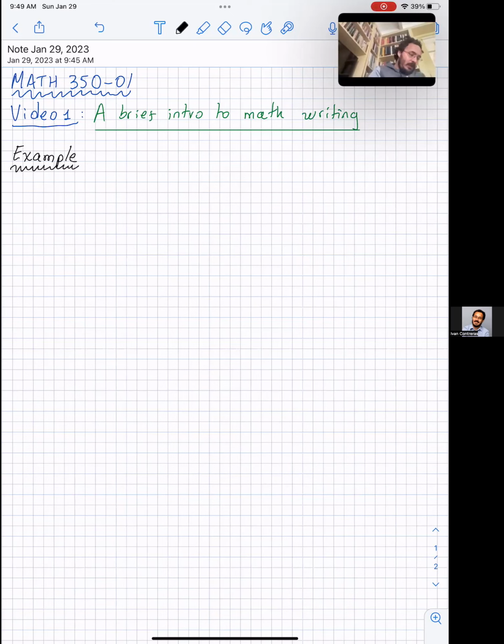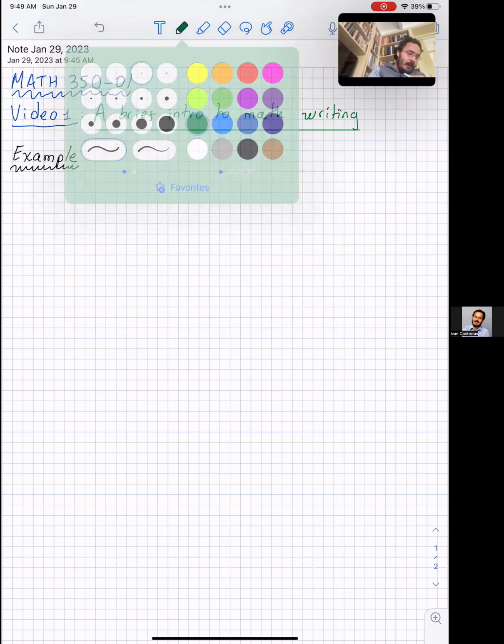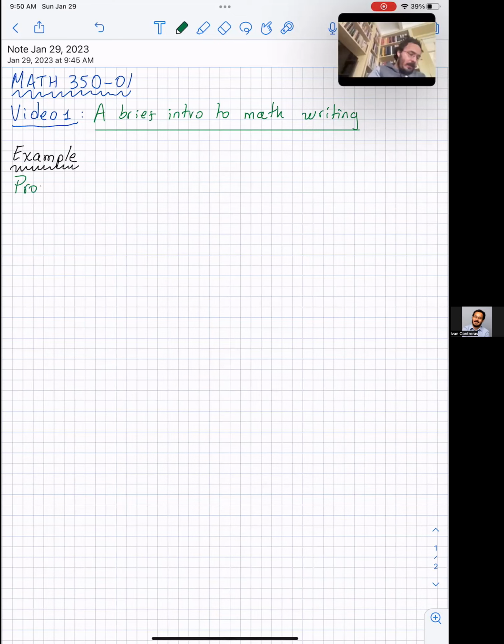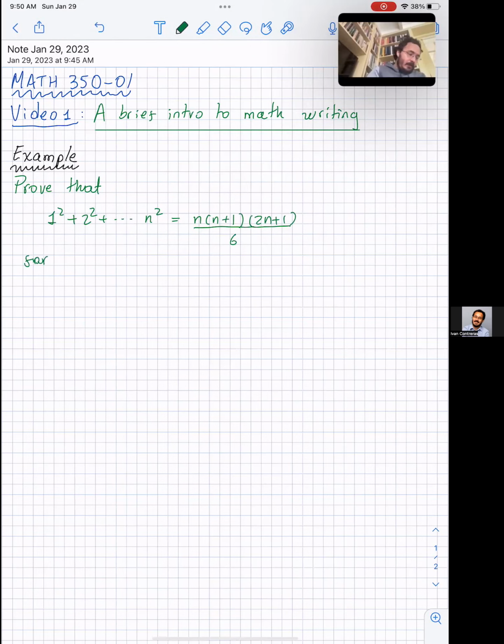So this is a very known example. We're going to prove that the following identity is true: 1 squared plus 2 squared plus ... plus n squared is n times n plus 1 times 2n plus 1, divided by 6, for n being a natural number greater or equal than 1.